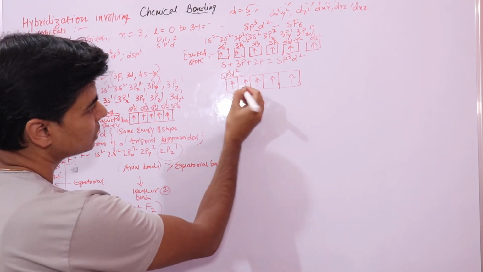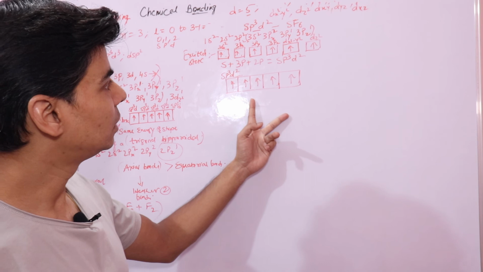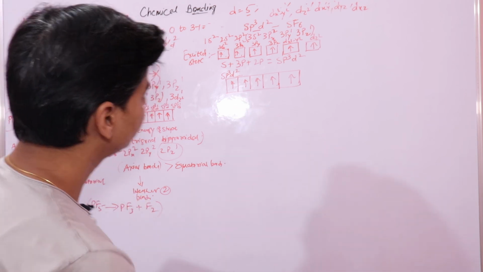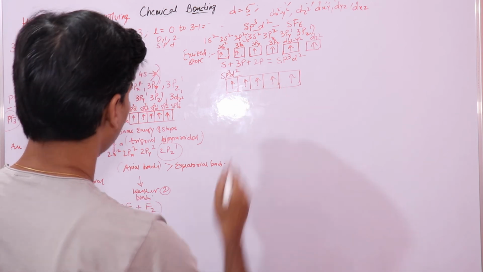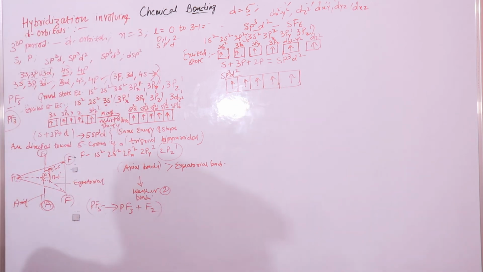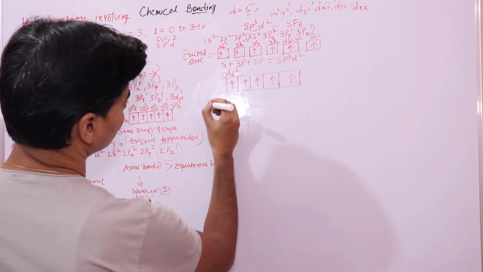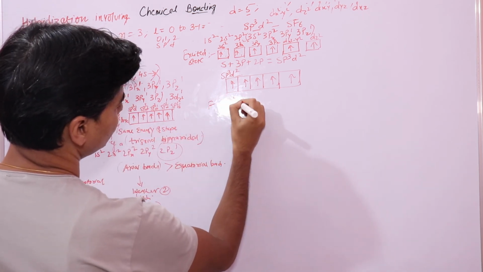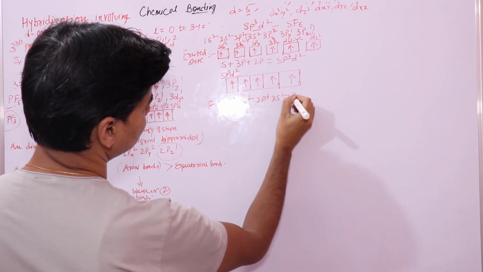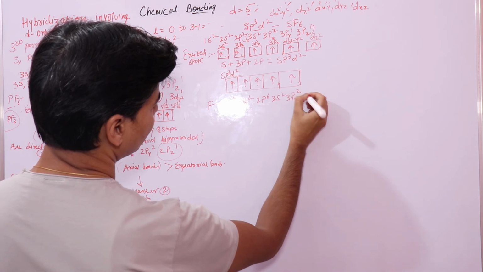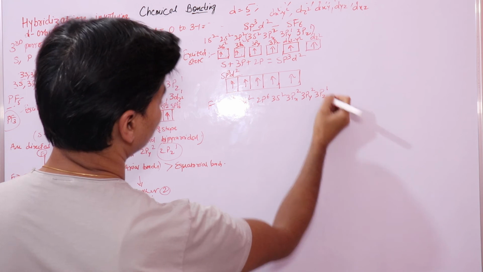Now each of these 5 singly filled orbitals will undergo overlapping with the fluorine atom, which has an empty 3pz orbital as per this configuration. The electronic configuration of fluorine is 1s2, 2s2, 2p6, 3s2, 3px2, 3py2, 3pz1.